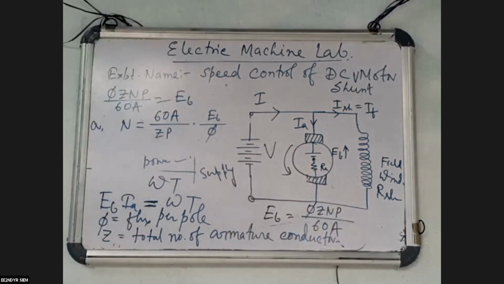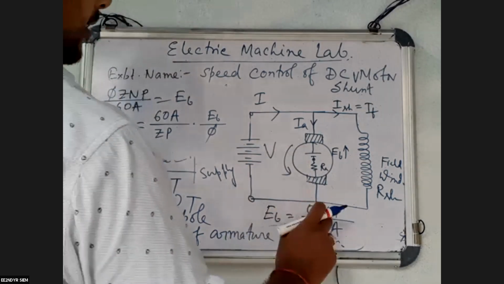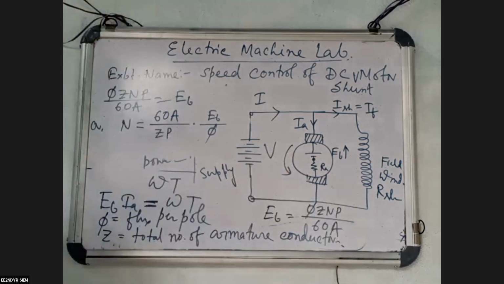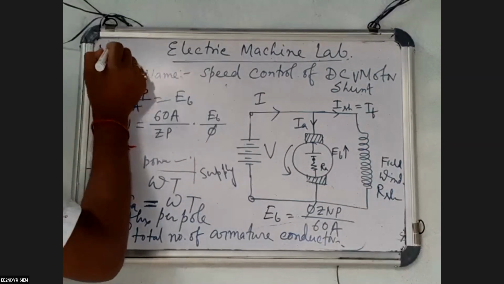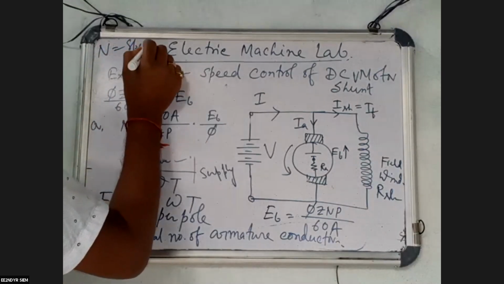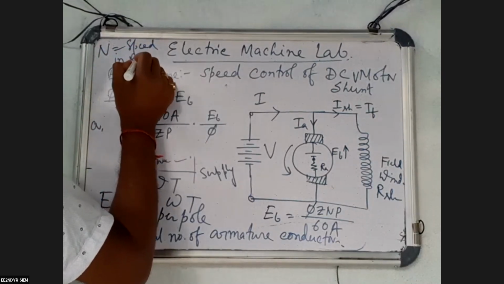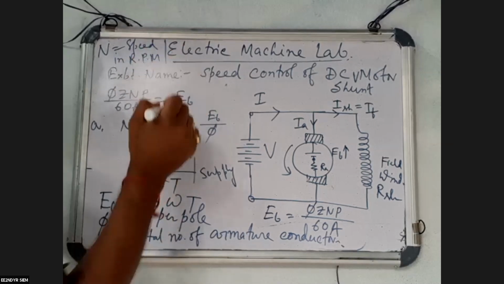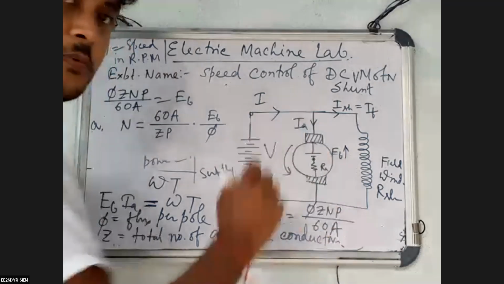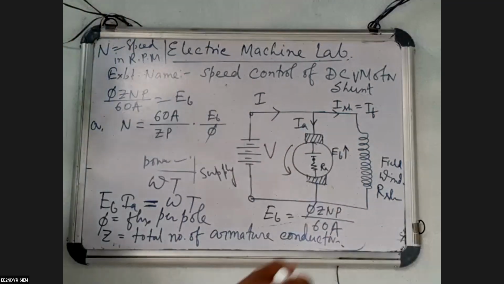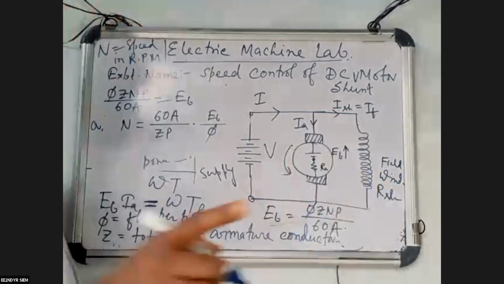N is the speed in RPM, revolutions per minute. P is the number of poles, number of field poles, and A is the number of parallel paths.